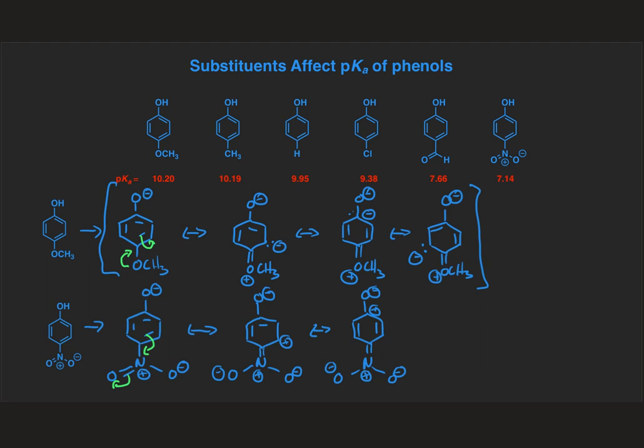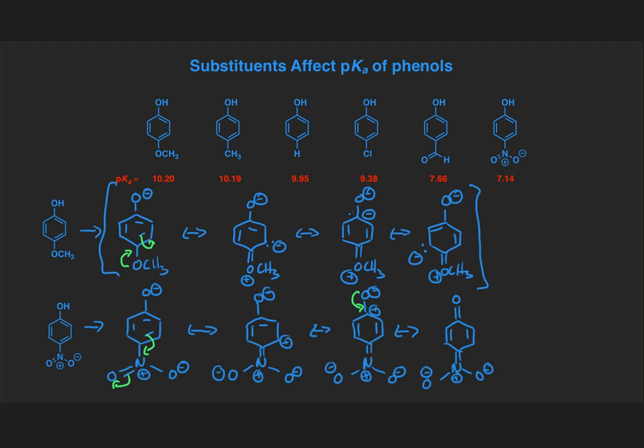Here, and this time, this oxygen and this positive charge can communicate. And so I've got a resonance structure where these electrons are coming down and forming a double bond to generate this resonance structure.